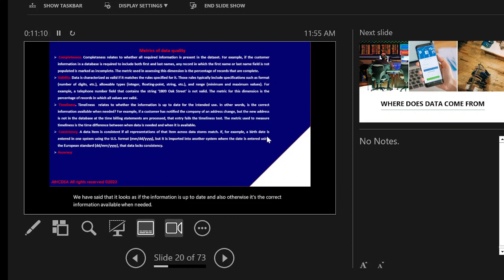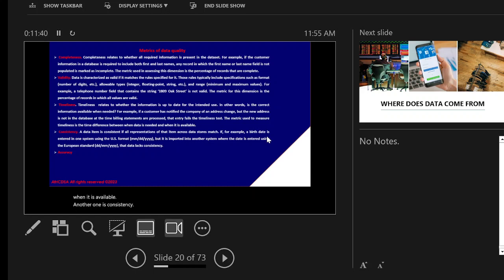For example, if a customer has notified the company of an address change, but the new address is not in the database at the time of billing, when billing statements are processed, then that entry fails the timeliness test. Therefore, the metric used to measure it is the difference between when data is needed and when it is available.